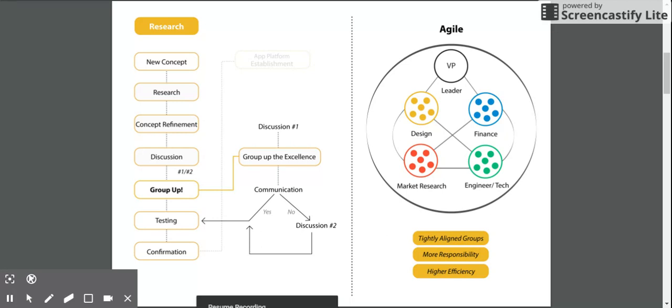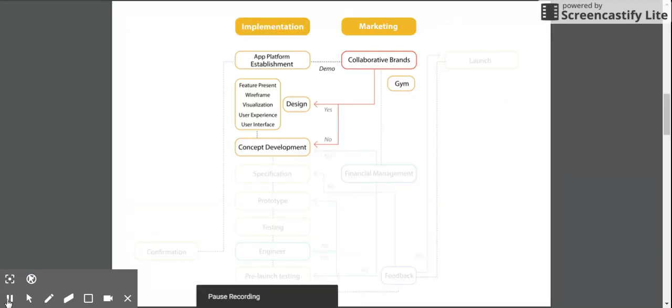They will communicate regarding this concept. If they can agree on something, then we'll go test this project. If they cannot, they need to restart this discussion, only this time the topic will be more specific and accurate.